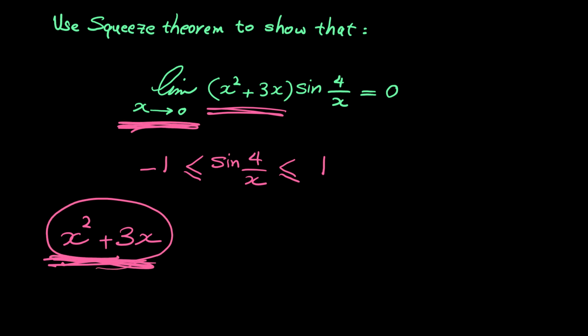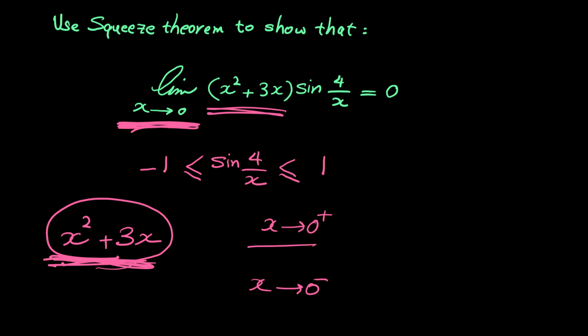You know that when x approaches 0, x can approach 0 from the left or from the right. When x approaches 0 from the right, x is a small number close to 0 but positive. When x approaches 0 from the left, x is a small number that approaches 0 but from the left, so x is negative.